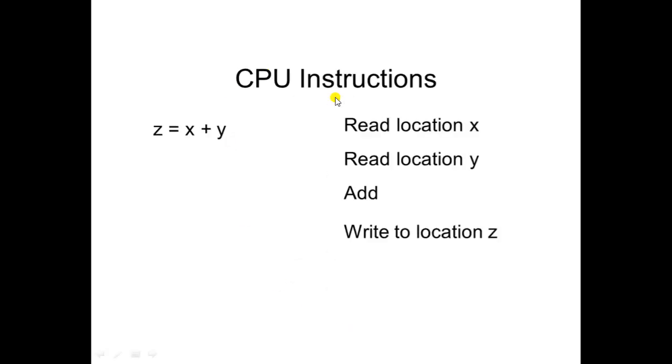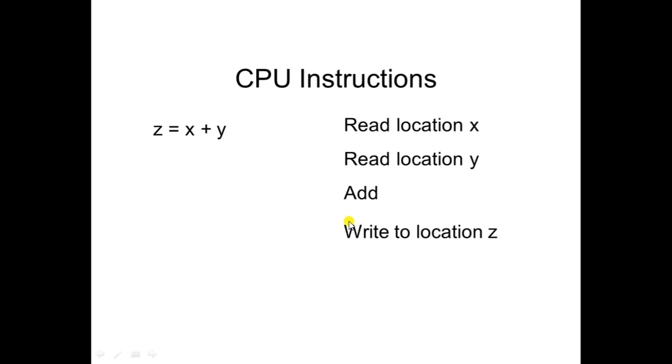Then how can you communicate with the CPU? In this way: read location X, read location Y, add, write to location Z. If you want to write a simple Z is equal to X plus Y, you need to write these 5 lines as CPU instructions.